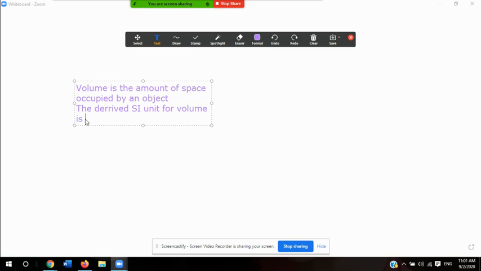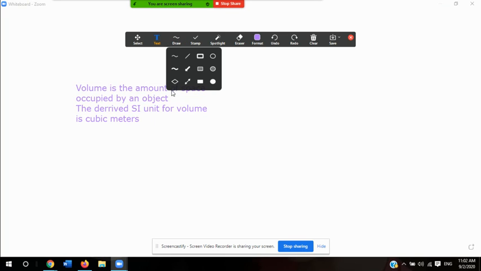cubic meters. Cubic meters is represented like this, m cubed.